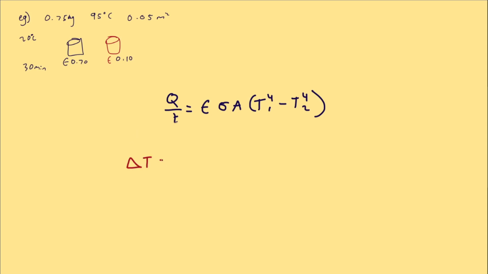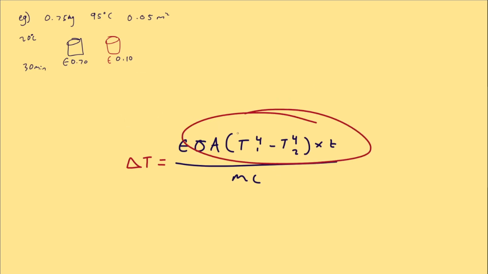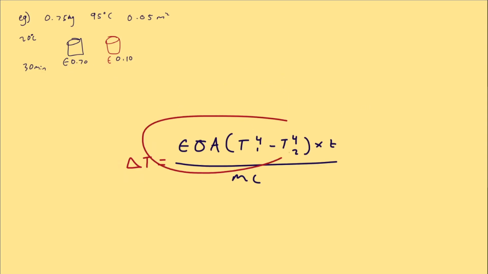Change in temperature equals all of this stuff divided by MC. And why did we do that? Well, because the main formula for radiation of this video wasn't enough. We're looking for how much the cups cool down, and we can't do that with just this formula. We needed this variable here.